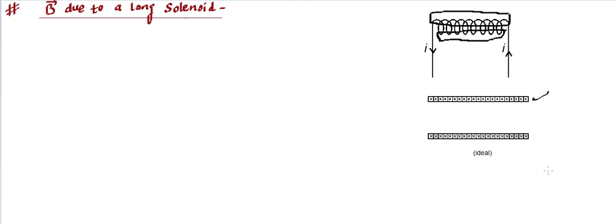We can use this downside figure as well to understand the same thing. This shows that the current is coming outside, and this is the current going inside. So this is representing one loop, this is how the current is moving. This is representing another loop, and this is representing another loop. So you can say so many loops are placed together or close by.